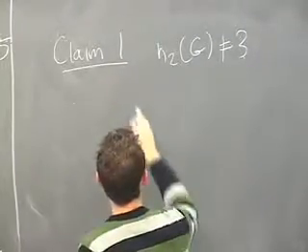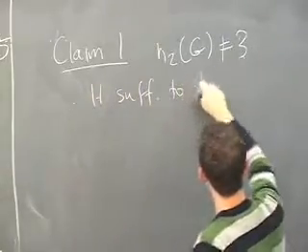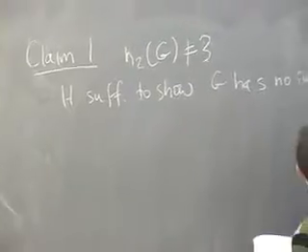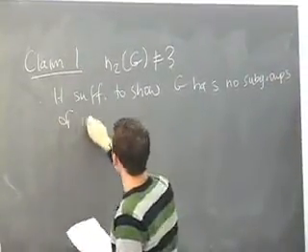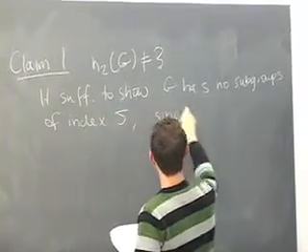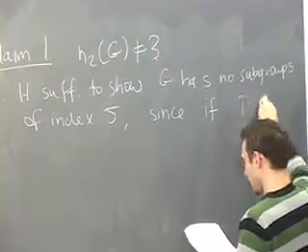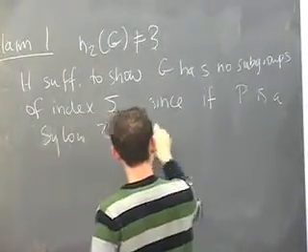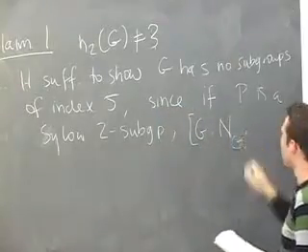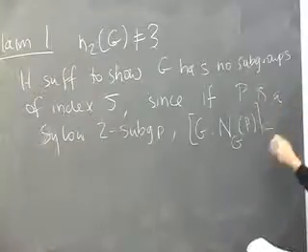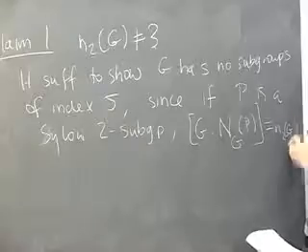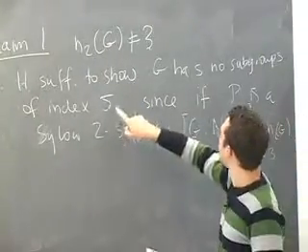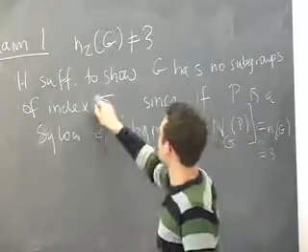So it suffices to show G has no subgroups of index less than 5, since if P is a Sylow 2 subgroup, we saw before the normalizer of P in G must have index equal to n2 of G. And if this thing is 3, then it contradicts the fact that G has no subgroups of index less than 5.